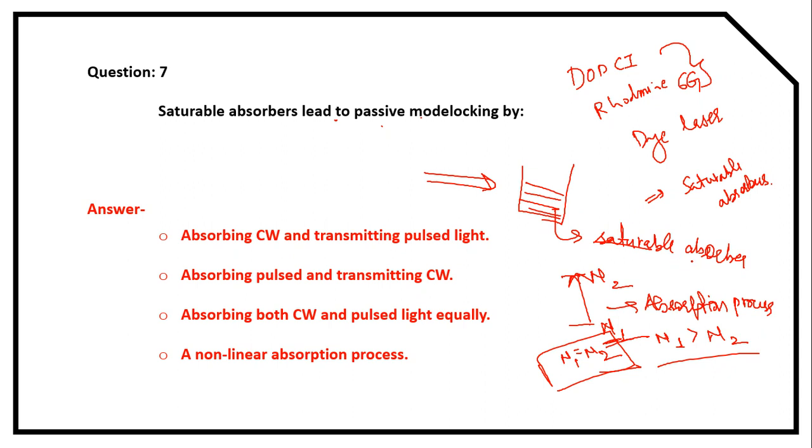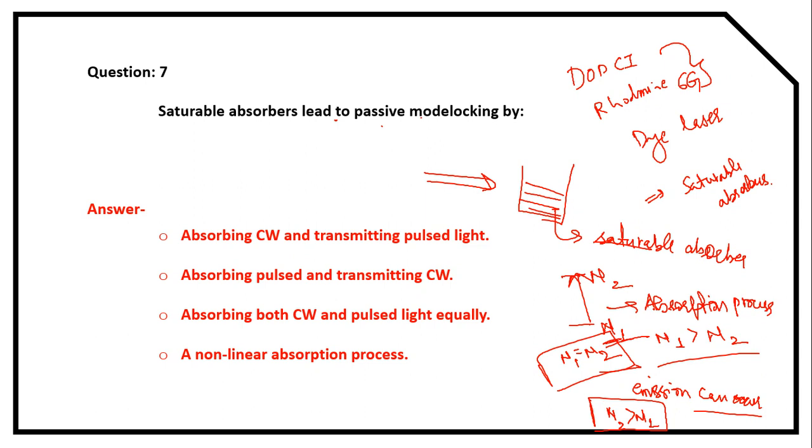So far we know that pulse light is quite intense compared to continuous wave light. Pulse light is the only one which causes a situation where n2 is greater than n1, and as soon as n2 is greater than n1, emission can occur. This is what the saturable absorber does.